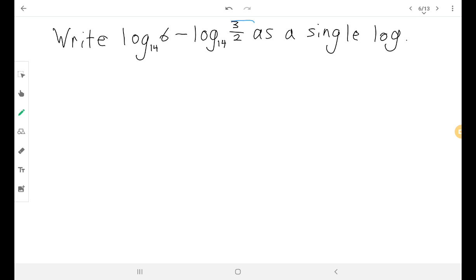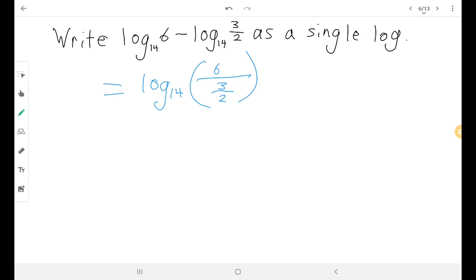Now we want to condense. So I've got this, and the minus means it'll condense into division. So log base 14 of the first thing divided by the second thing.